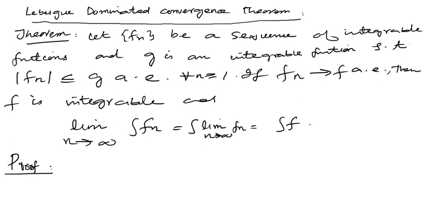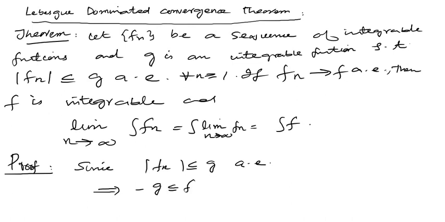Since we have mod of Fn less or equal to G, where G is integrable, almost everywhere, this implies that minus G is less or equal to Fn, less or equal to G almost everywhere. This is true for each n greater or equal to 1.